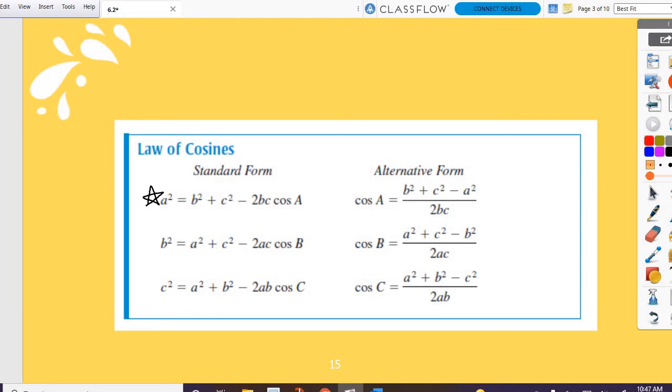However, I find it easier just to use your standard form, plug in all the numbers that you know, and then solve for cosine of A. Okay? Because for me, I would rather solve with numbers and not worry about having to memorize another formula. Does that make sense? But again, if you are great at memorizing formulas and you want to memorize that one too, that would be fine.